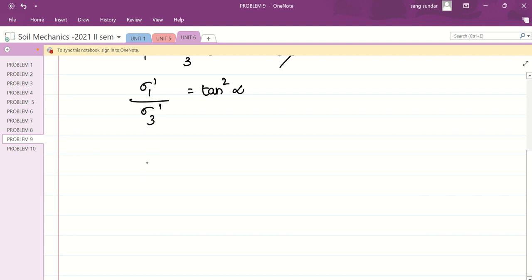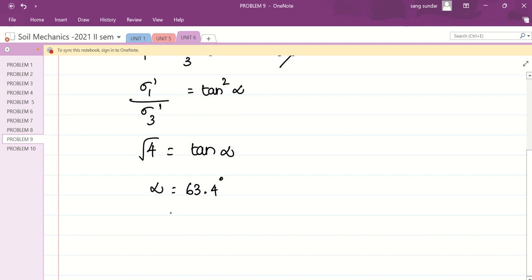Sigma 1 by sigma 3 is a ratio and the ratio is 4. So tan square alpha is equal to 4. So tan alpha, you just take a root. So finally you will get alpha value as 63.4 degrees.